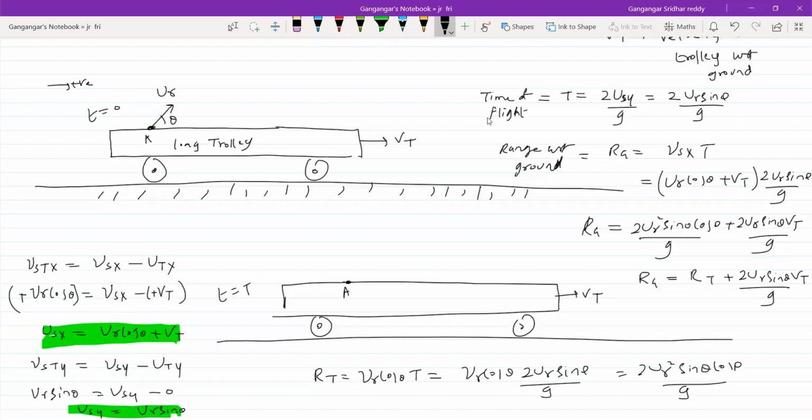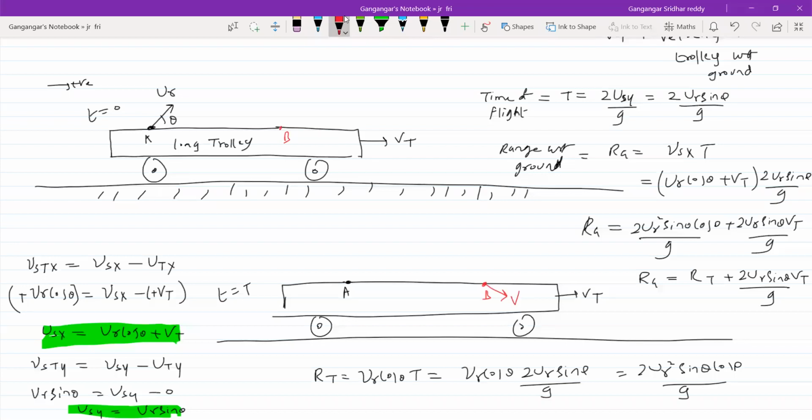So these are the things. What is actually going on? What do you mean by range with respect to ground? Finally it will strike some point on the trolley. Call it B. So where was B? B was here, no? It will come and strike the trolley here. This is the point of striking.